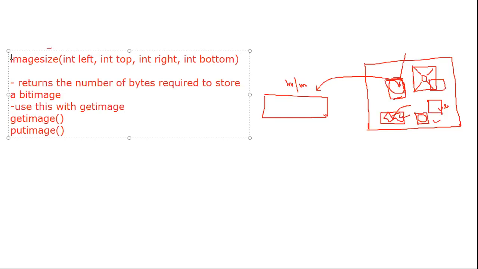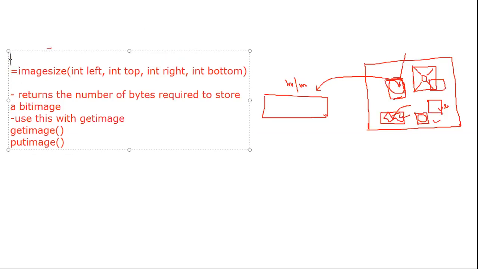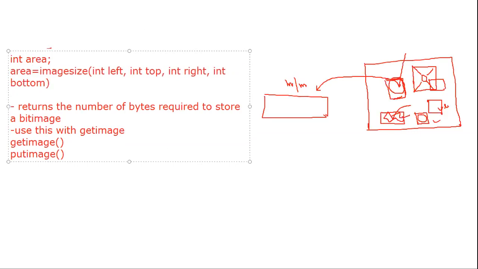When it returns the size, we are going to hold that size in a variable. So we will declare a variable, let's say int area. Let's say area is equal to imagesize.